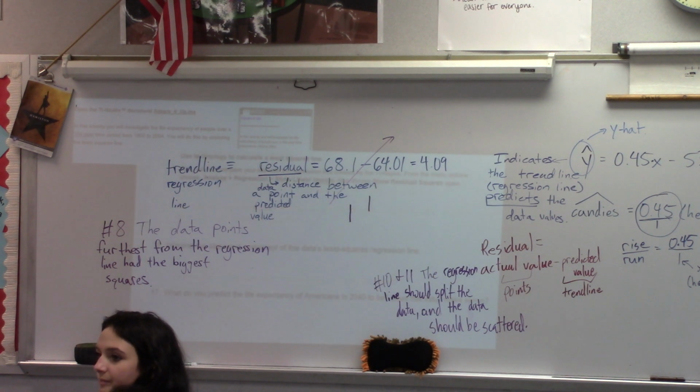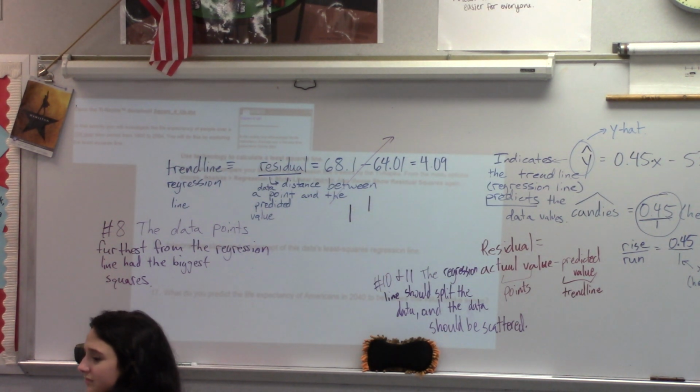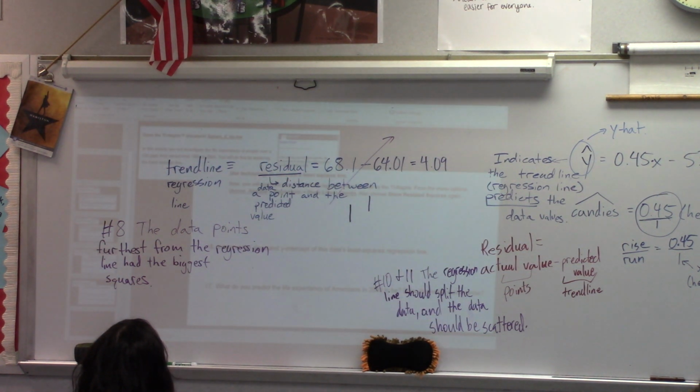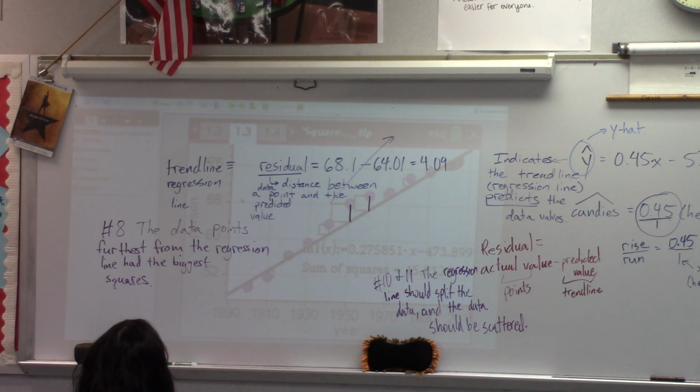So, here's what we now need to do, the technology part. Because you do not want to have to go through the process of getting the least sum of squares every single time, right? Technology is a beautiful thing. So, using the calculator, what are the directions above number 12?